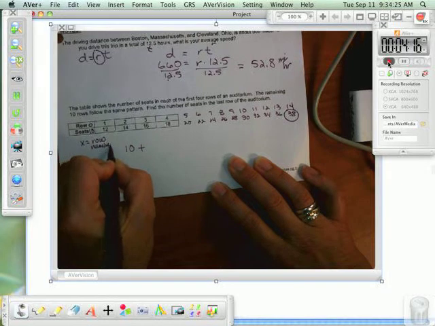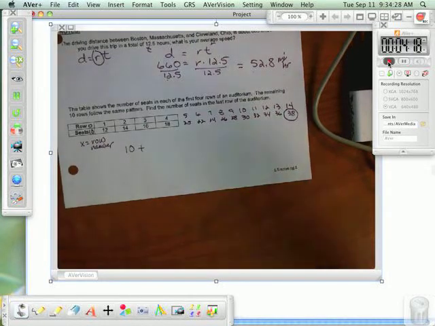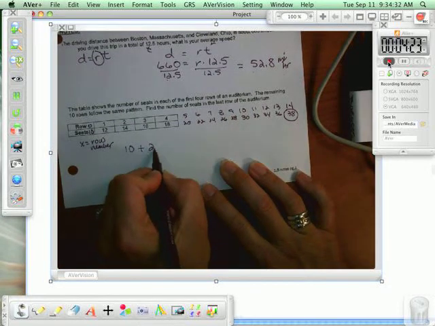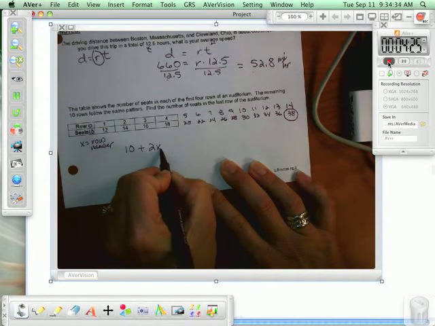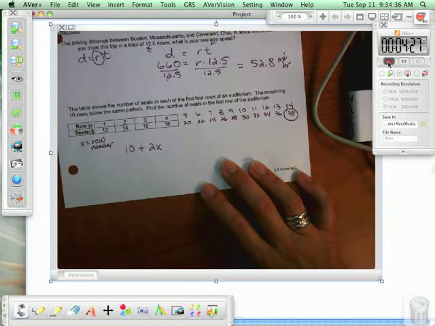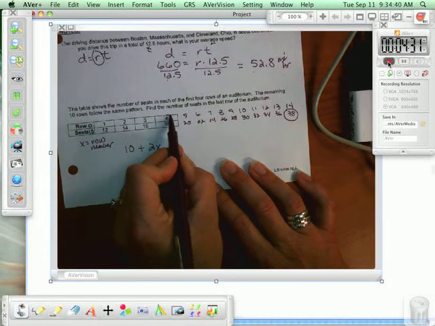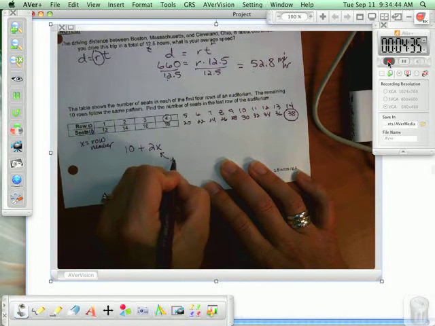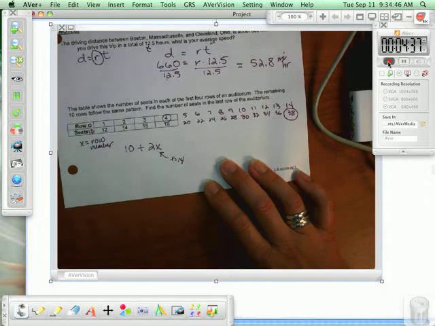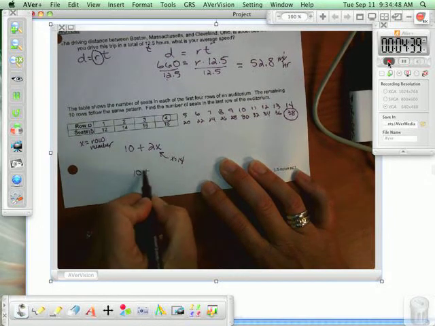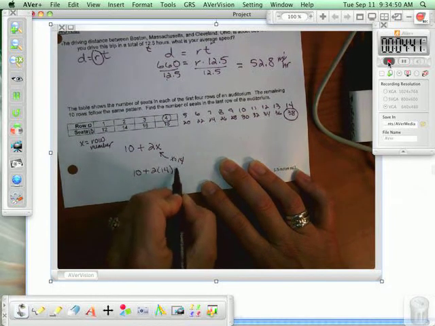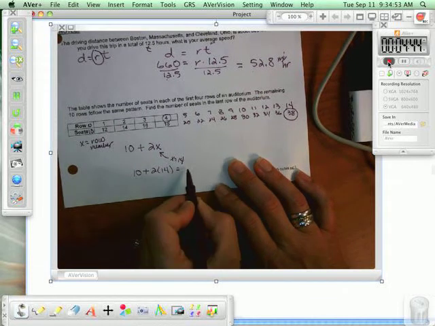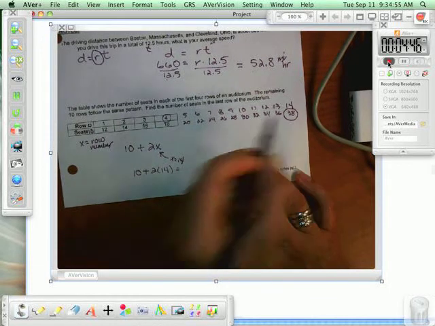If I start at 10, and for every row I go up by 2, I'm going to have 10 plus 2x. So if I'm looking for 10 rows after row 4, I'm actually looking for where x is 14, aren't I? So 10 plus 2 times 14 gives me what? Can you guess? 38.